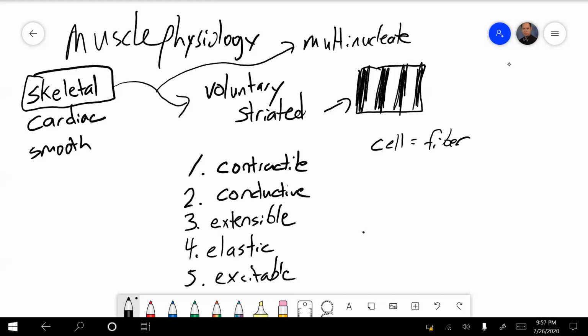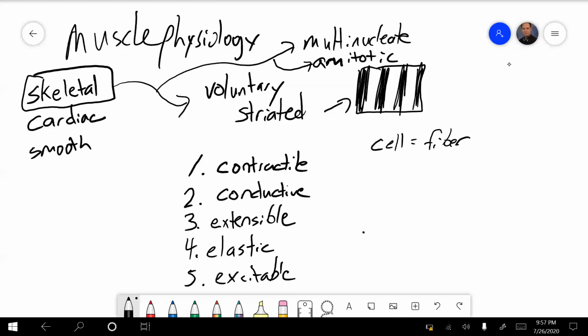That also means that skeletal muscle fibers are amitotic. Mature skeletal muscle fibers don't undergo mitosis. It heals through fibrosis, not regeneration.